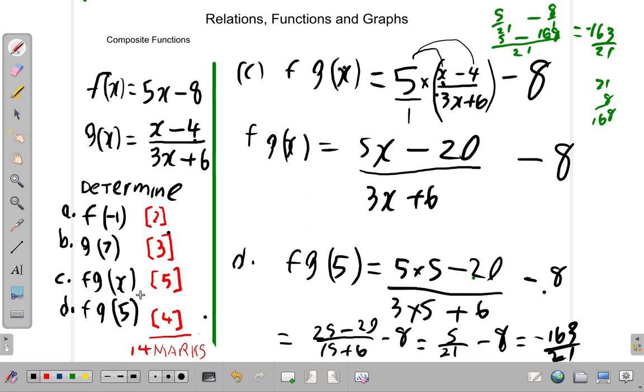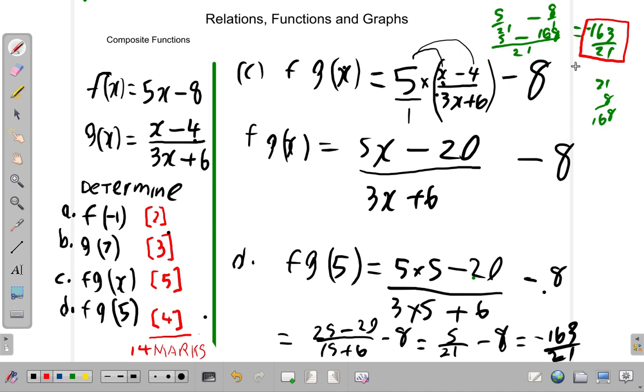You were just asked to calculate fg of 5. Here's another way you could also look at it. We have our negative 163 over 21. Let's jot it down somewhere. But we have it up here. Alright? Let's highlight it. So we have it here.